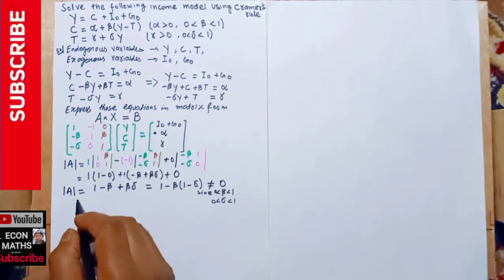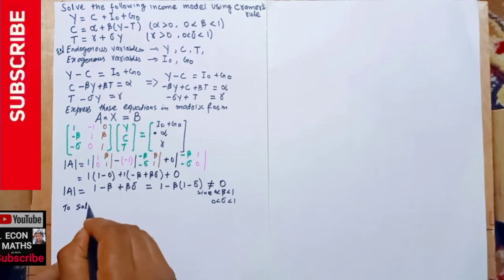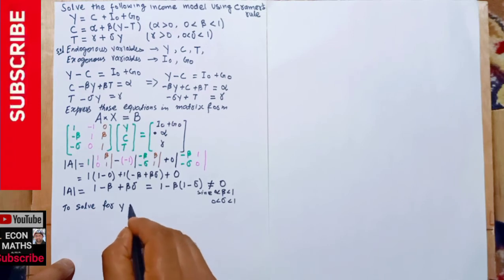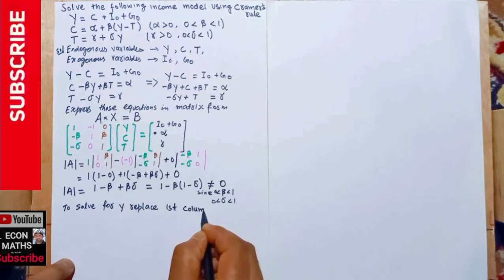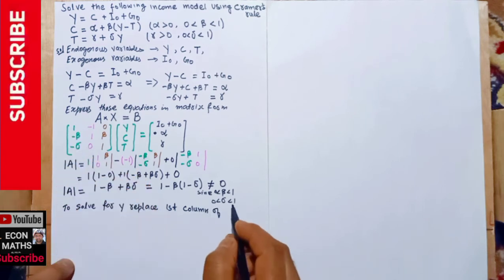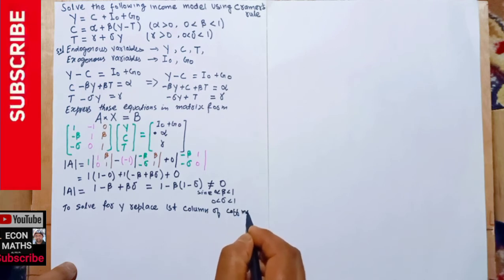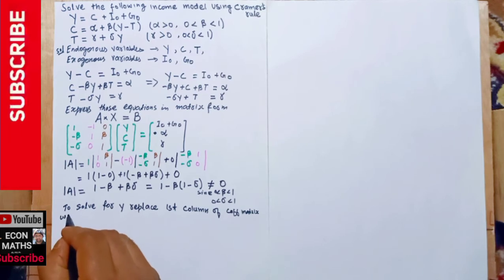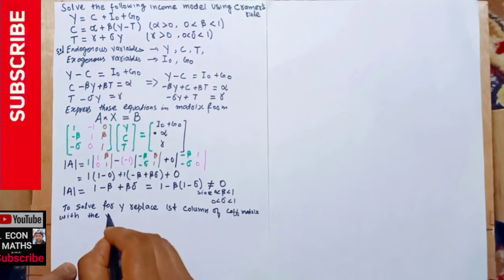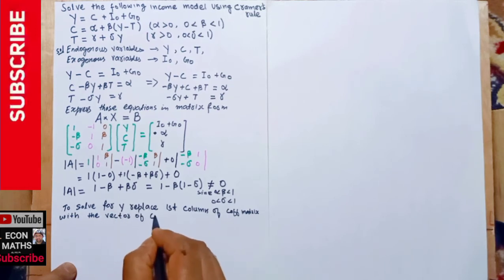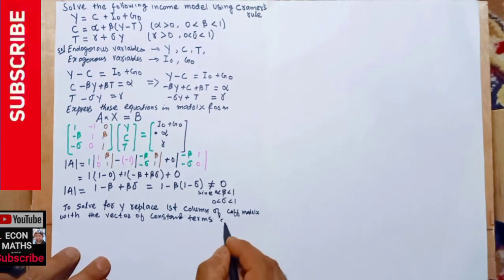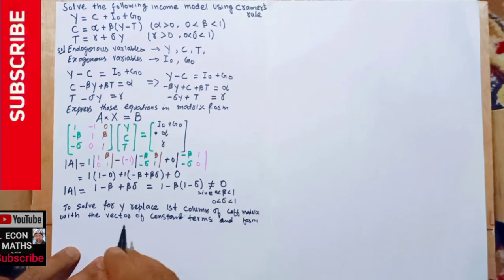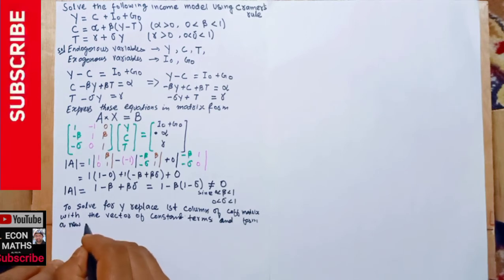That is, to solve for y, replace the first column of this coefficient matrix with the vector of constant terms, and form a new matrix.